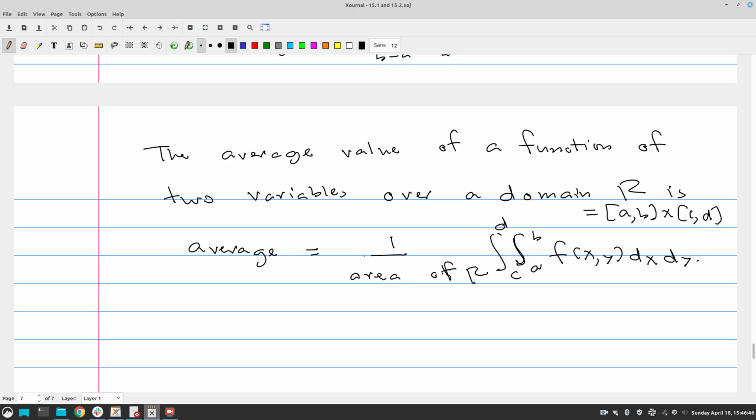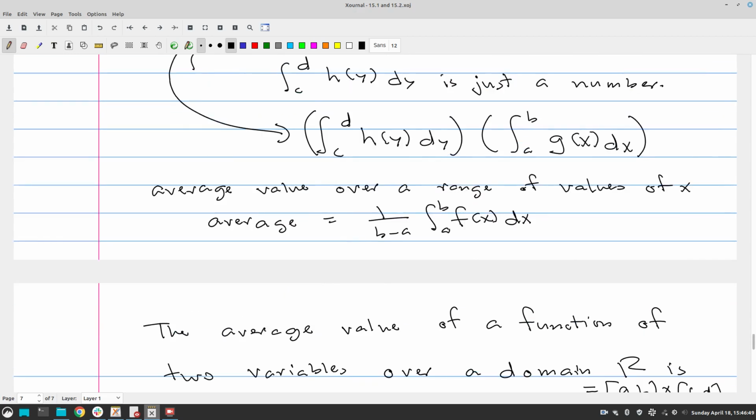So this is the average value of a function of two variables over a domain R.